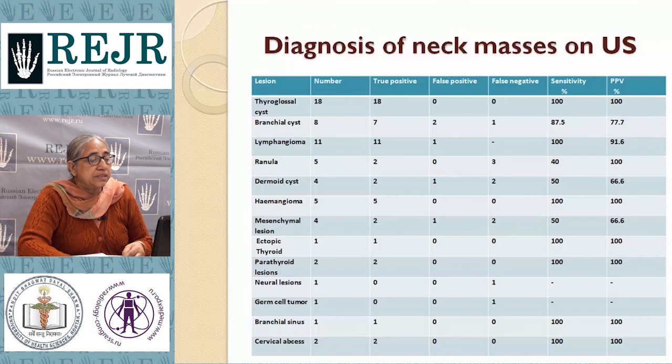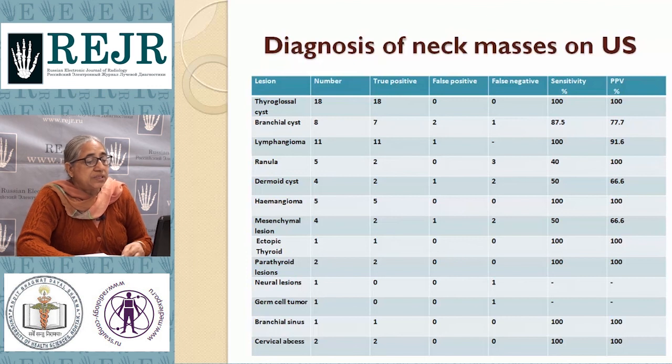Similarly, branchial cyst, 8 patients were seen, true positive in 7 and false positive in 2, with false negative in 1 and sensitivity of 87.5% and positive predictive value 77.7%. Similarly, lymphangiomas were seen in 11 and true positive 11, sensitivity 100% and positive predictive value was 91.6 with a false positive of 1 patient.